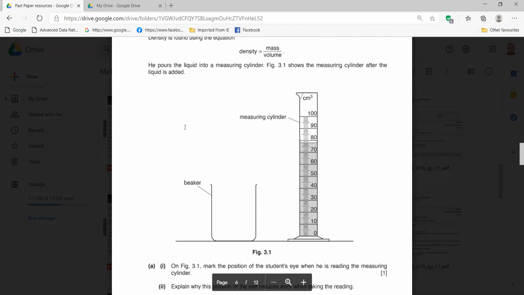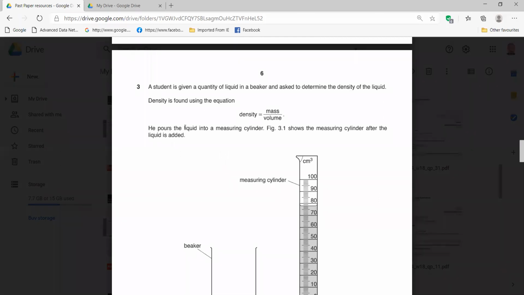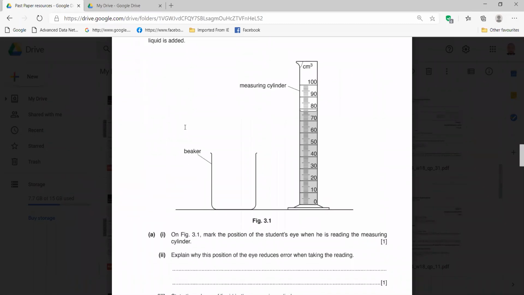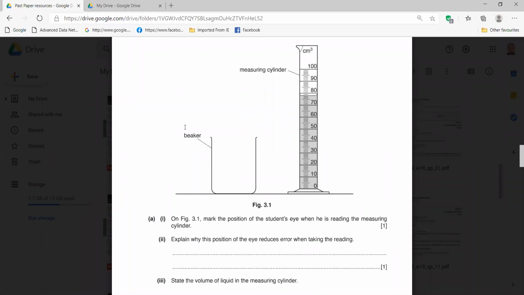Question three. Did we do any question on density? In the last class we did density, right? Yes, sir. But this one is another one on density. Here you will get some more ideas, which will give you more concepts on practicals.